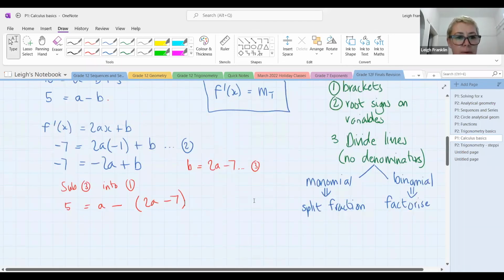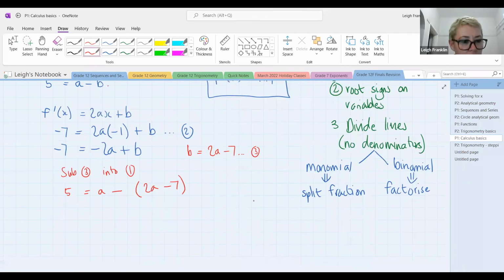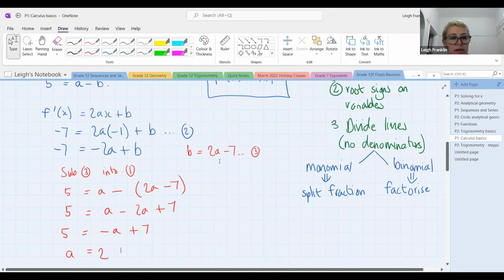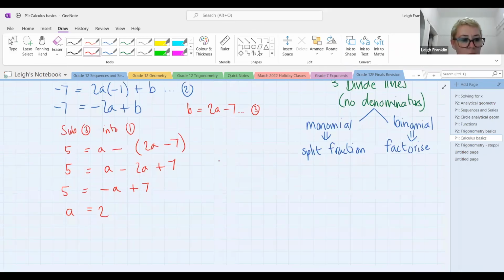That would leave us with 5 equals a minus 2a plus 7. So this means we'd have 5 equals negative a plus 7. I'm going to take the a over to the left, the 5 over to the right, and a is going to be equal to 2 in this case. Now I'm going to use equation number 3 to work out what b is equal to. So b is equal to 2 times 2 minus 7, which is 4 minus 7. So b would be equal to negative 3.